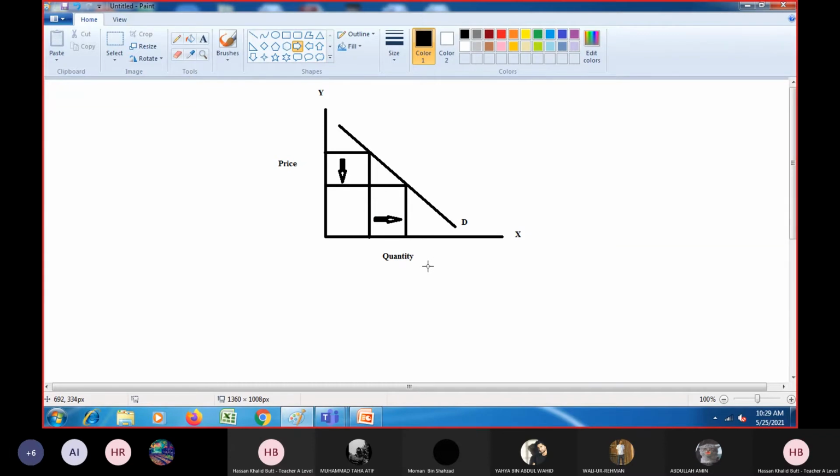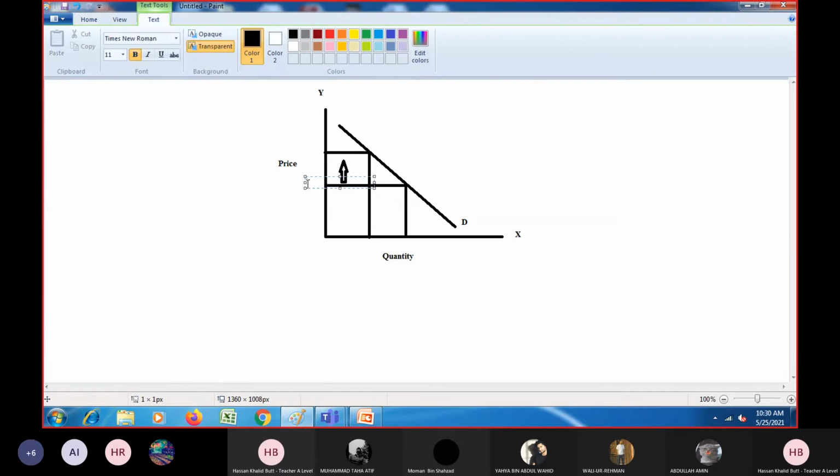So you are already familiar with that. Similarly, if I talk about the other way around, that is, let's say price increases. So it means that earlier, let's say the price was 2 and then it increases to 4.